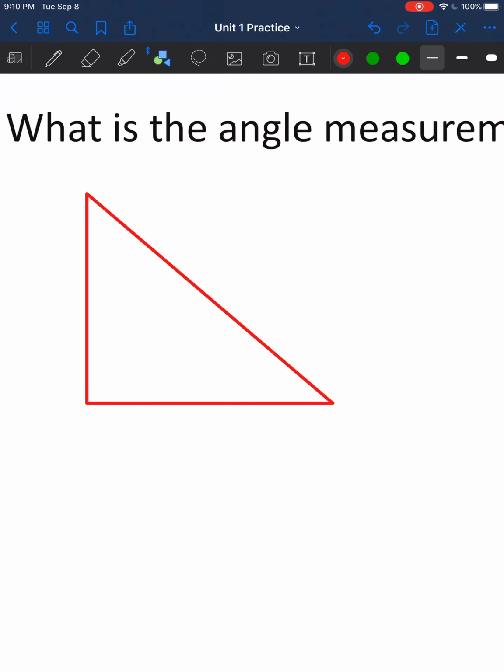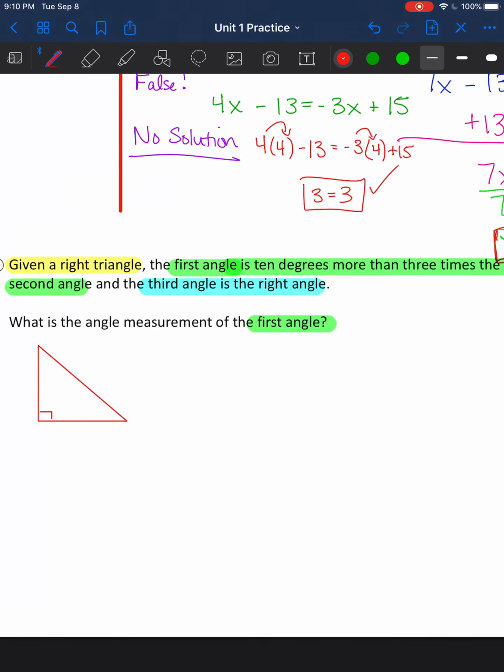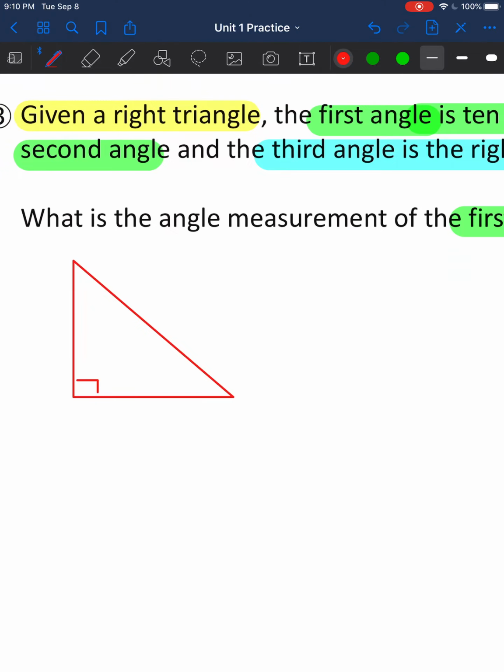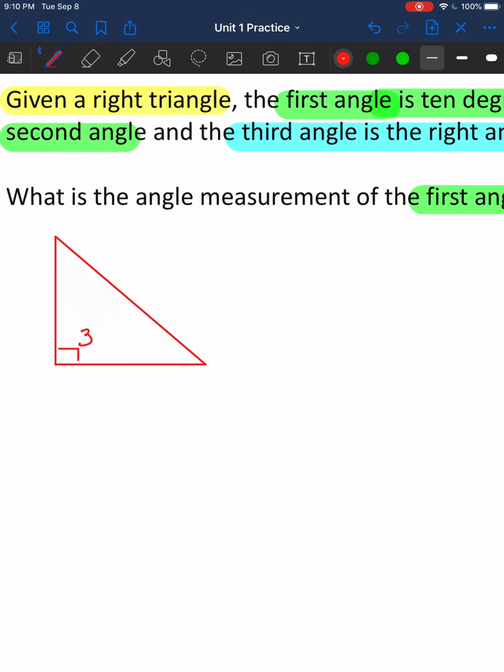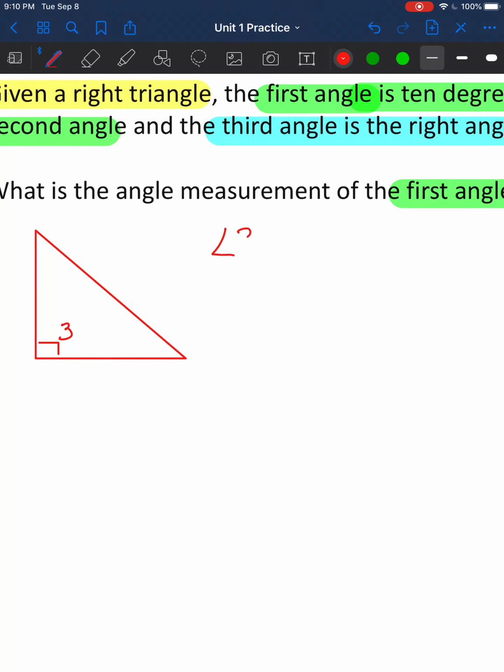And I know one of the angles has to be 90 degrees. It said here, the third angle is the right angle. So let's call this angle 3. I'll put the 3 inside. And I know that angle 3 is equal to 90 degrees.